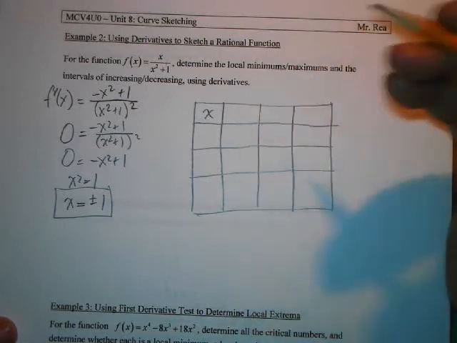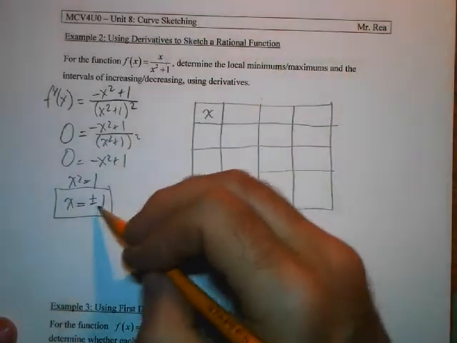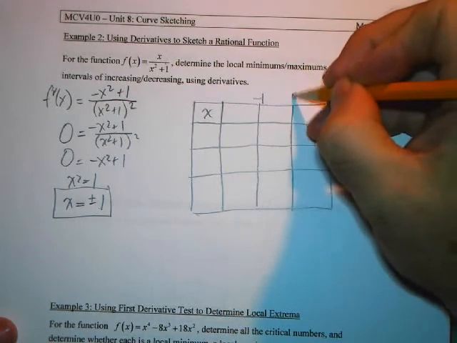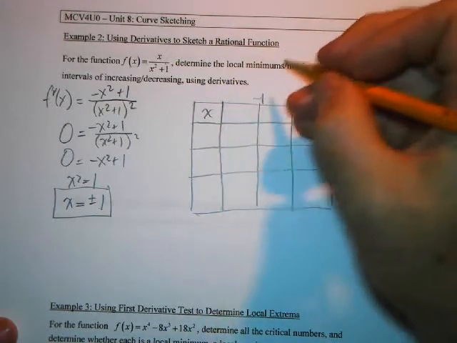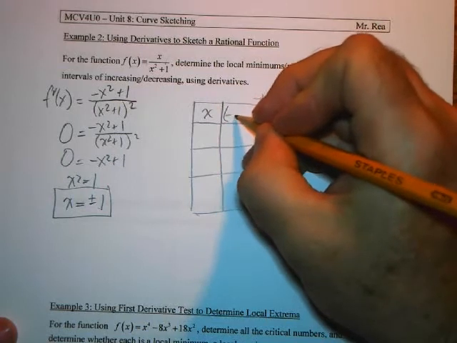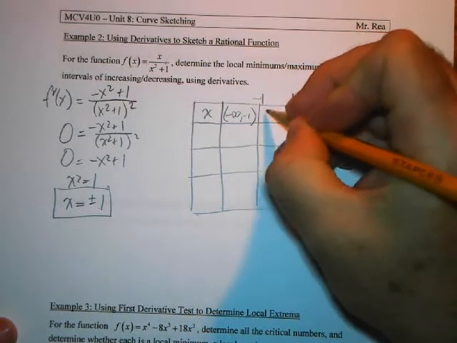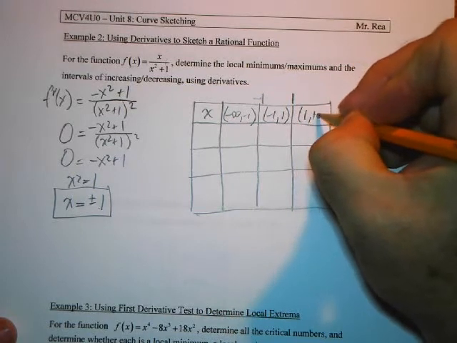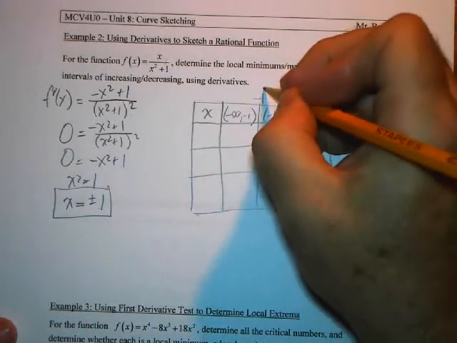Now that you know what these lines mean, I can actually put these values up here. So that line represents -1, this is +1, and then my intervals in here: -infinity to -1, -1 to 1, 1 to +infinity. Put circles around there.